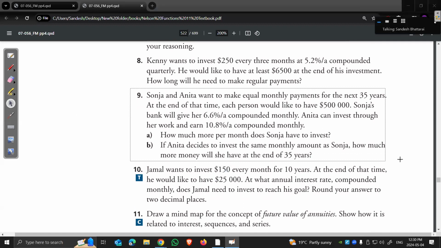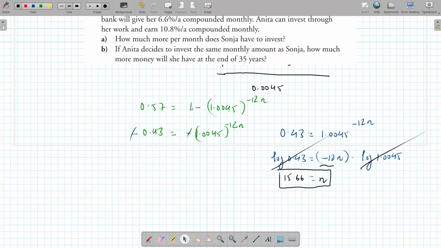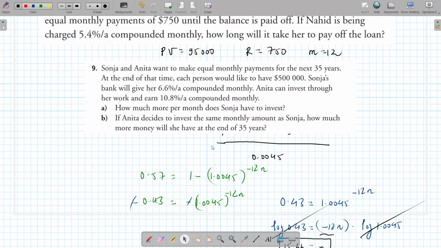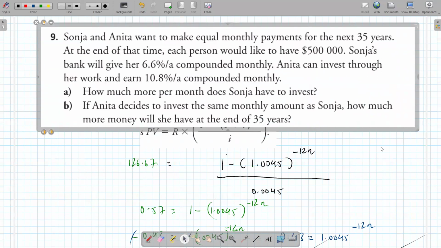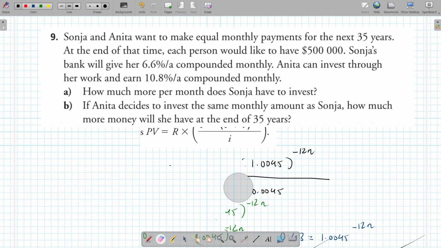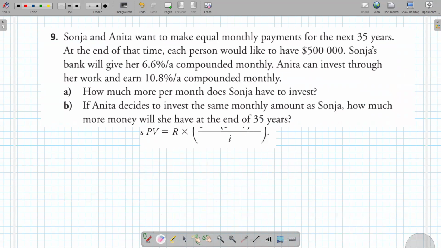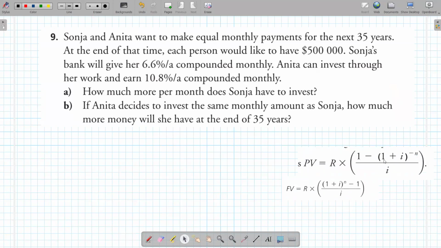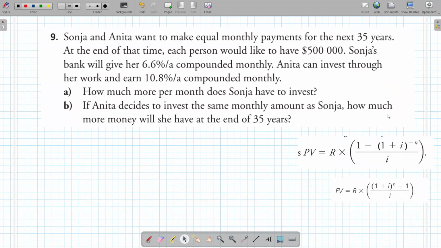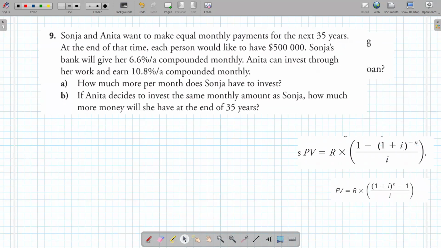Let's see if we can do this one. So this is our question. Let's read the question. So both of these ladies want to make equal monthly payments. So that should already ring a bell. Equal monthly payments means what?